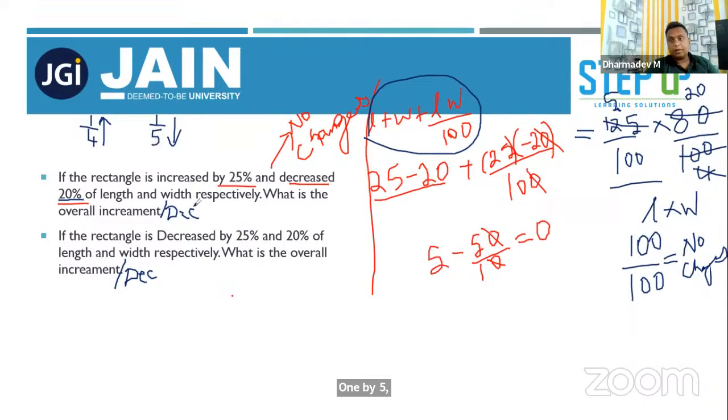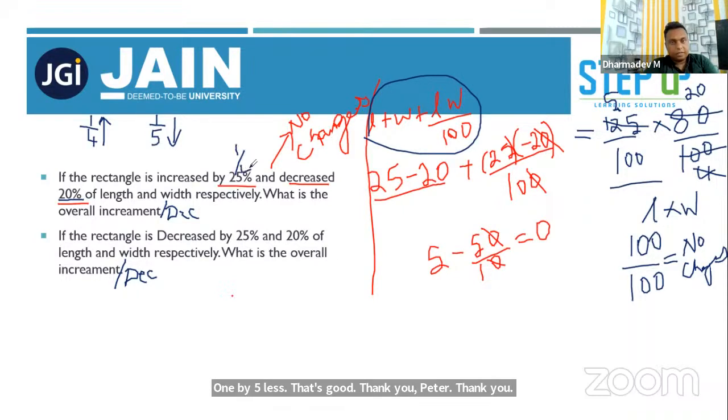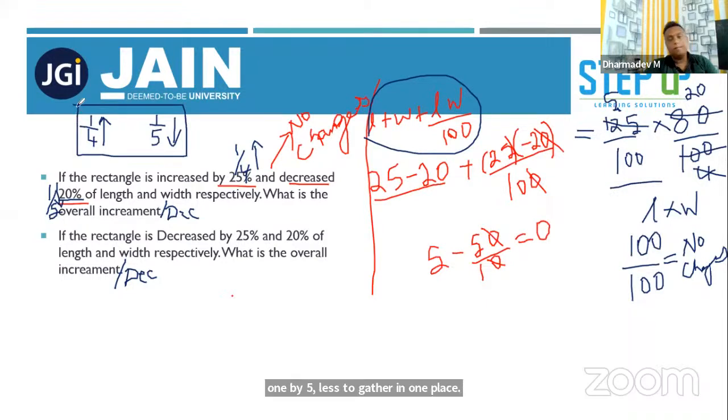That's good. Thank you, Peter. Thank you, Menza. Yes, if a person gets 1 by 4 more, the other person will get 1 by 5 less. When these values are together, 1 by 4 more and 1 by 5 less, that means no changes. When I equate them, it equals 0.